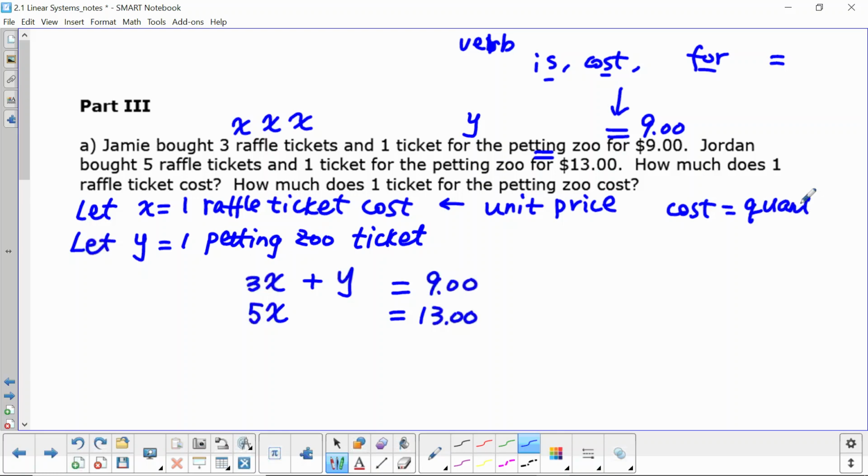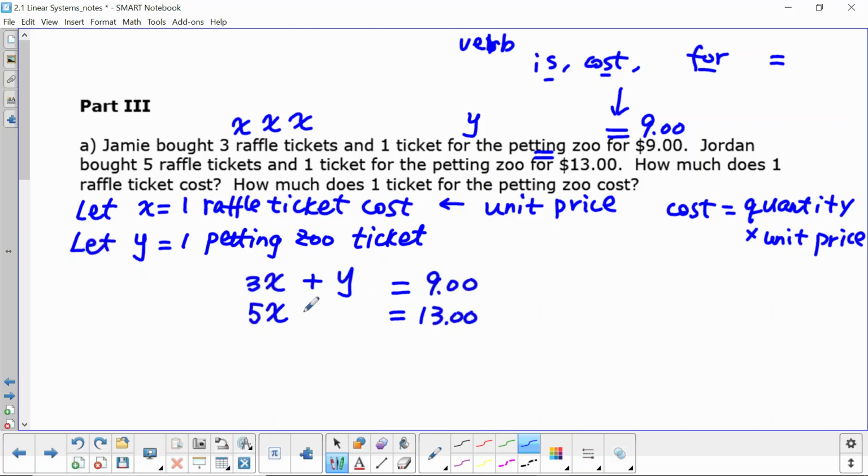So remember this formula. For example, if you have 1 chocolate bar cost $3 and you buy 2, 2 times 3 is $6. If you buy 3 chocolate bars, it will be 3 times 3. So it is a multiplication.